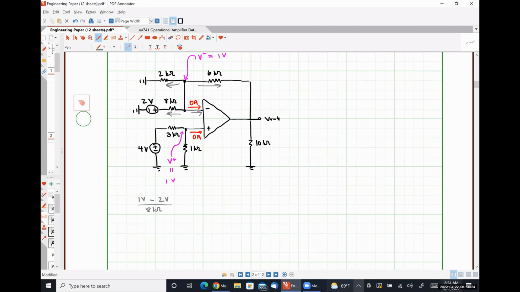What's the current flowing to the left through the 2 kilo ohm resistor? 1 volt over 2 kilo ohms. The current flowing to the right through the 6 kilo ohm resistor, 1 volt minus V out over 6 kilo ohms is equal to 0. And from this, we can solve for V out.